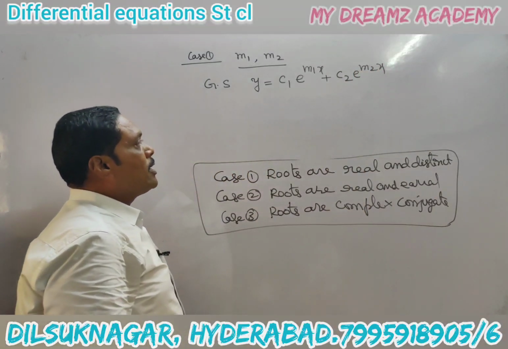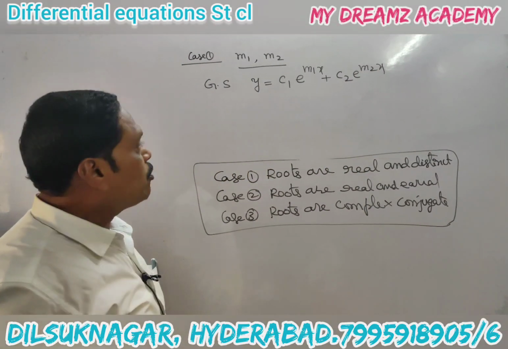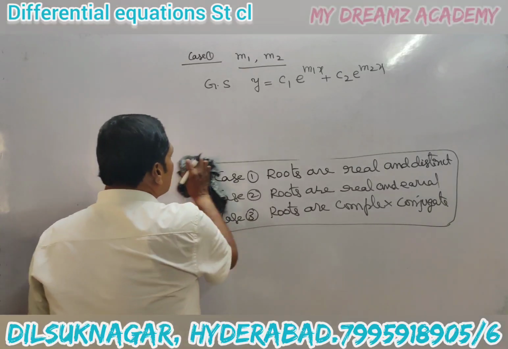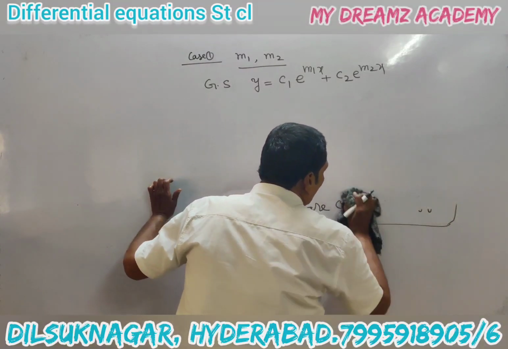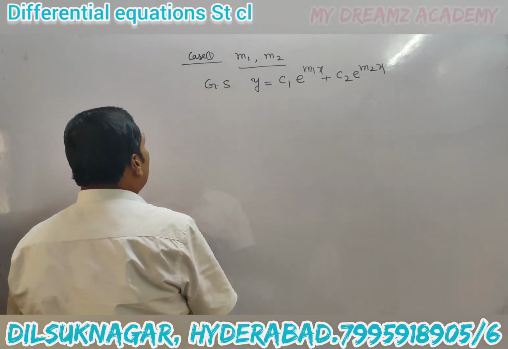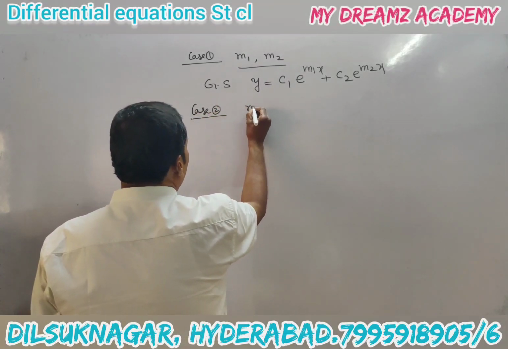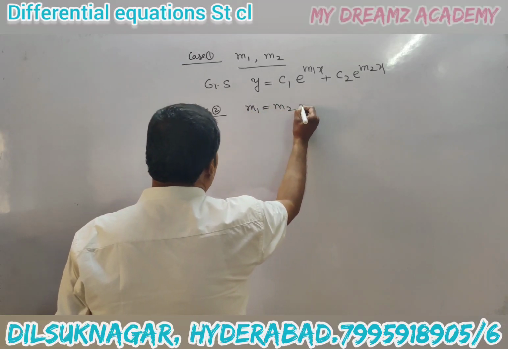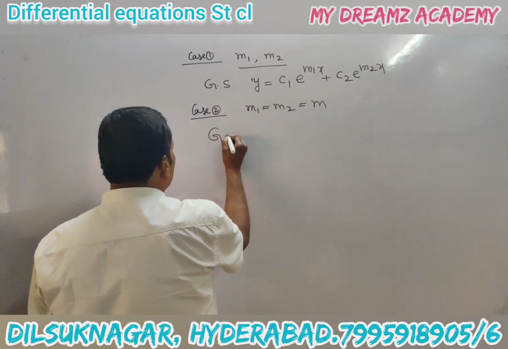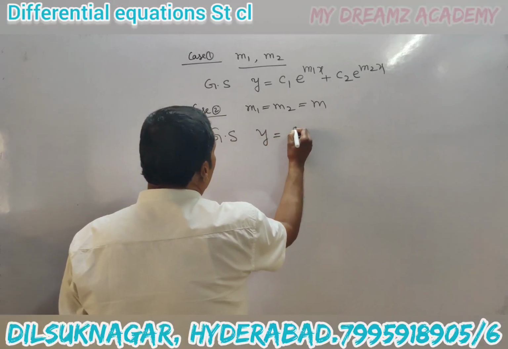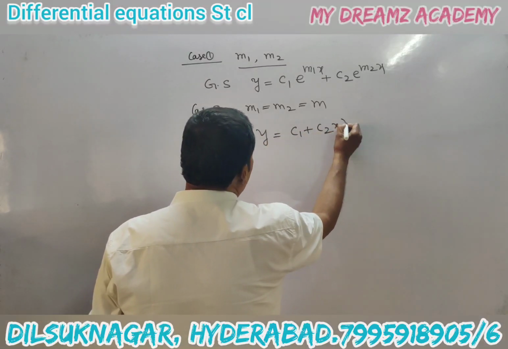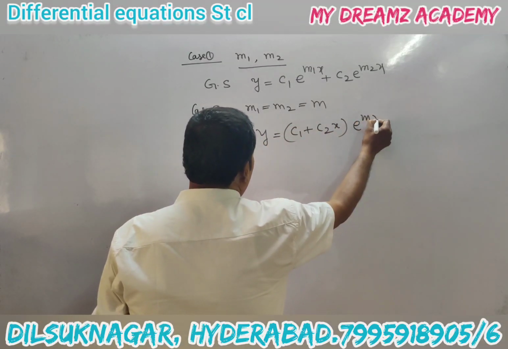That's all. You have to substitute the m1, m2 values in the solution. If it is case 2, the roots are real and equal, m1 is equal to m2, say m, then the general solution will be y is equal to (c1 plus c2x) into e power mx.